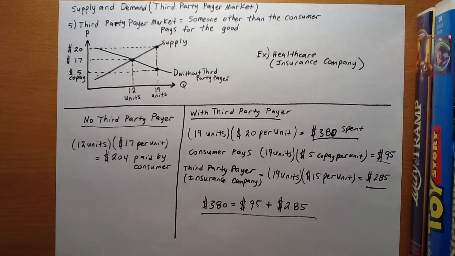So this is odd. Because we have this third-party payer market or insurance companies, we demand more medical care and a higher price is charged for that medical care. Now, let's look at it if there's no insurance companies, no third-party payer. The third-party payer market doesn't exist.